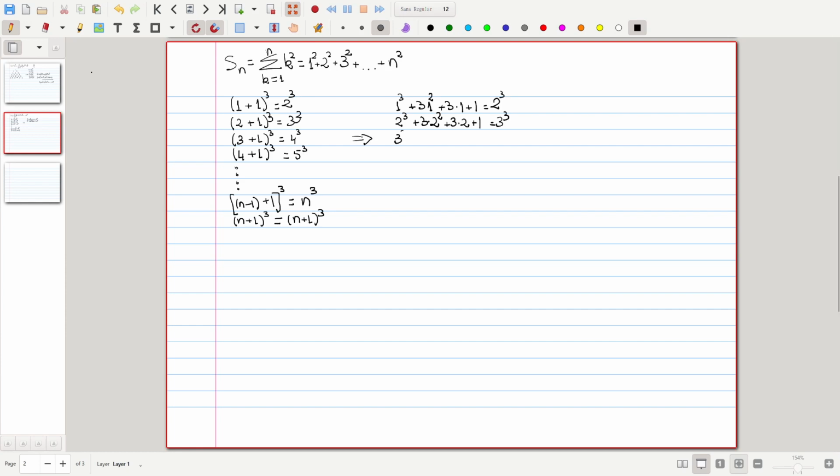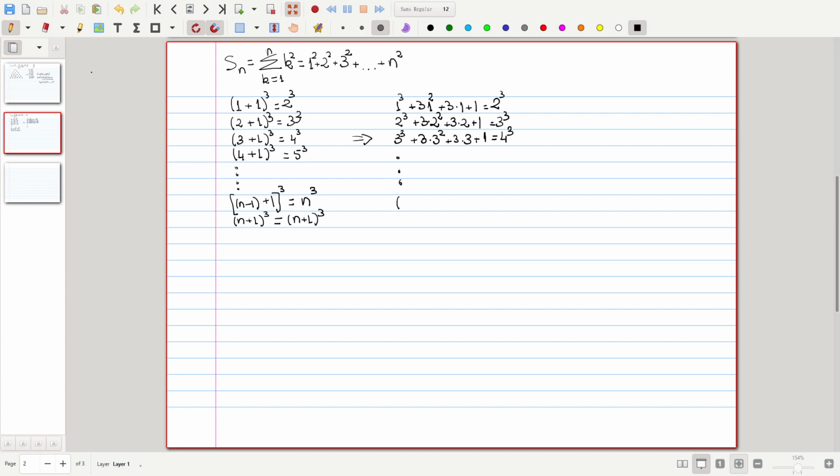Then I have 3 to the cube plus 3 times 3 squared plus 3 times 3 to the 1 power plus 1 equal 4 to the cube. We will go like this.